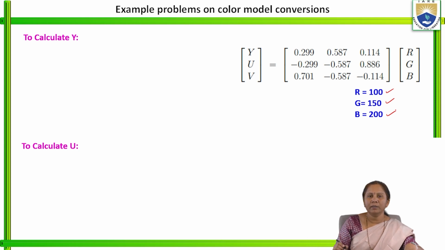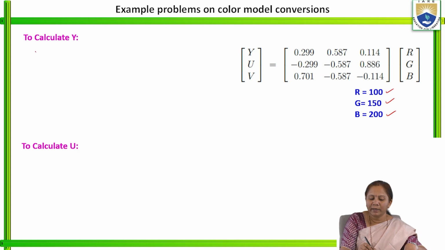While converting from RGB to YUV, unlike previous examples, there is no need to normalize the RGB values. Directly we can use the RGB values, as it is completely based on the formulation.